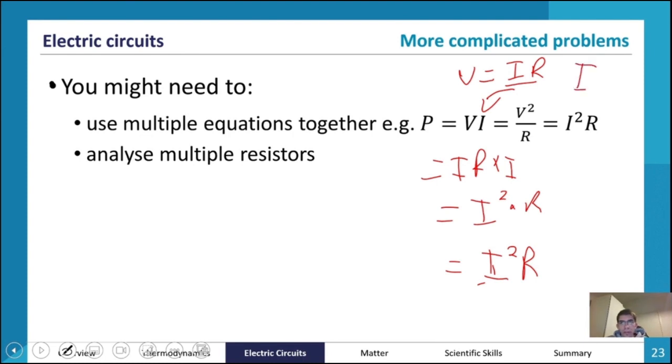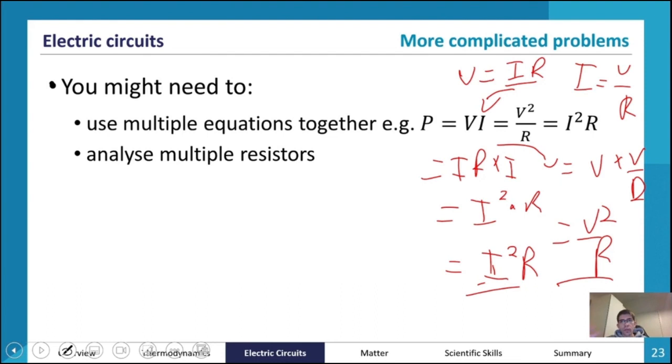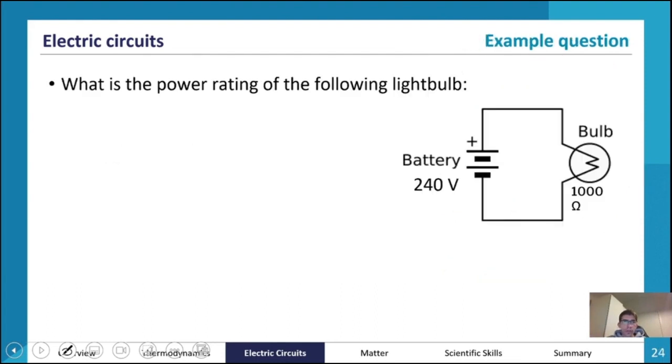You can say current is equal to V divided by R. So therefore it is V multiplied by V divided by R, which is equal to V squared divided by R. So those are two other derivations.